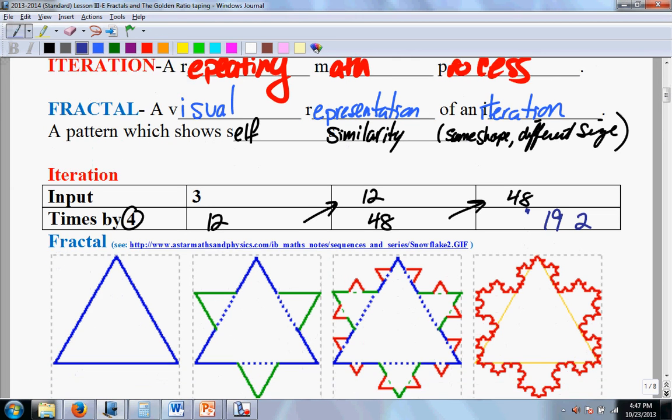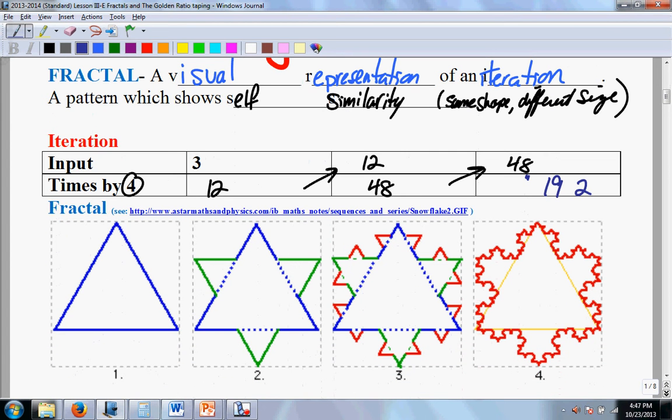Right now that's just a series of numbers, but look at what's below. It's a visual representation of that repeating math process. Let's look at what you have here. Ready? I'd like you to trace the sides here. How many sides do you have?